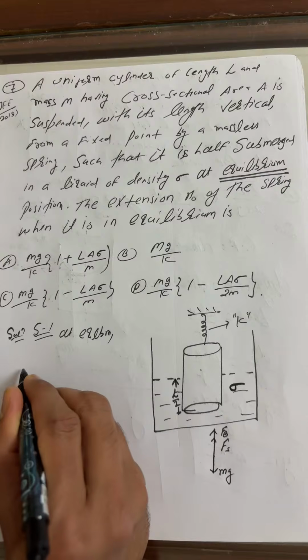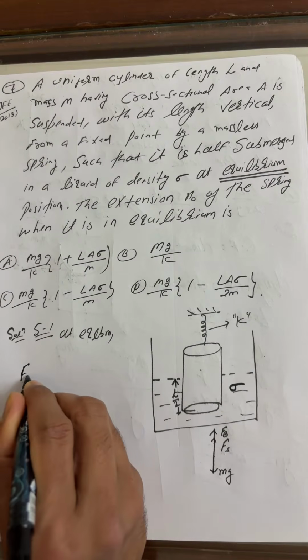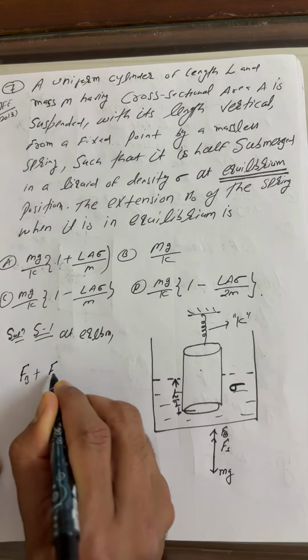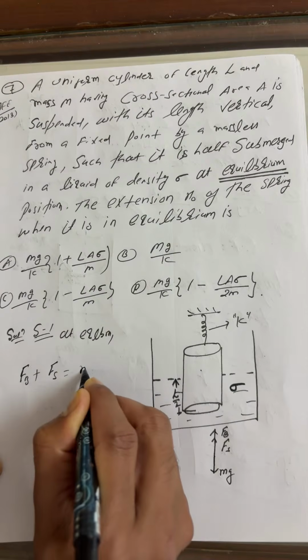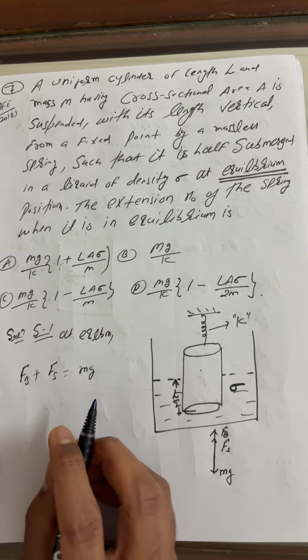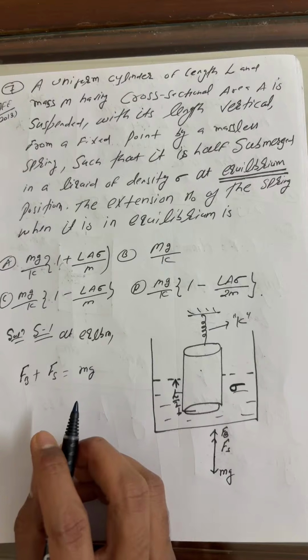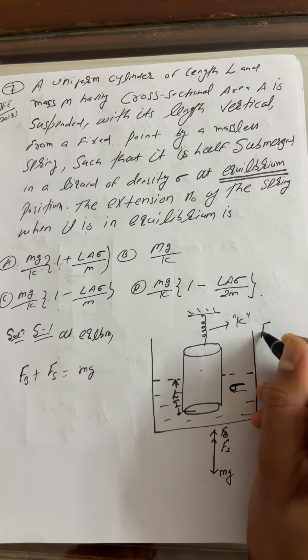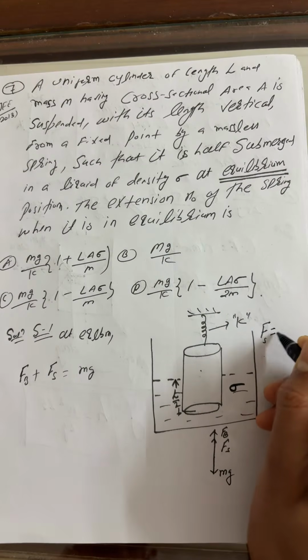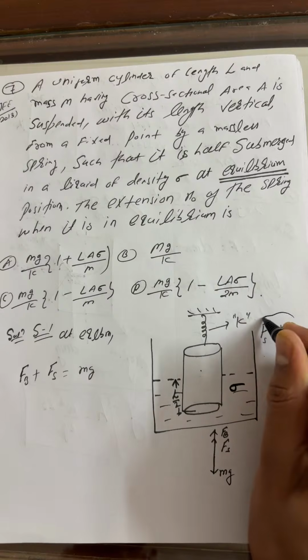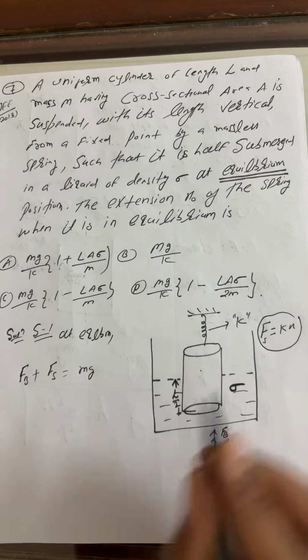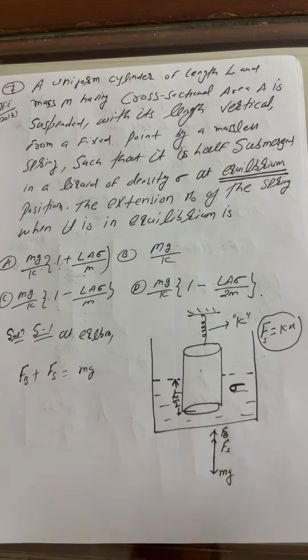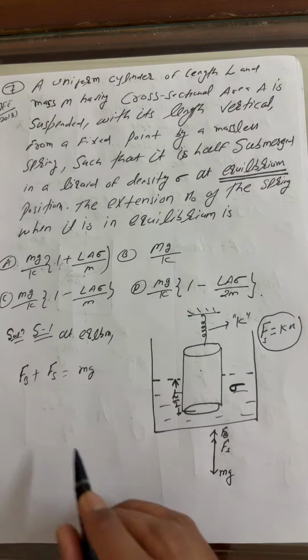So you can write buoyancy force plus spring force equals mg. Spring force is kx only. You asked about spring constant, that's why I replied, you can take k only.